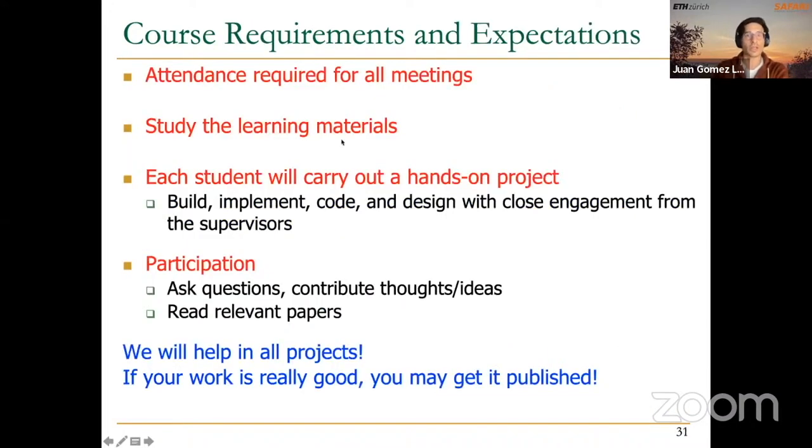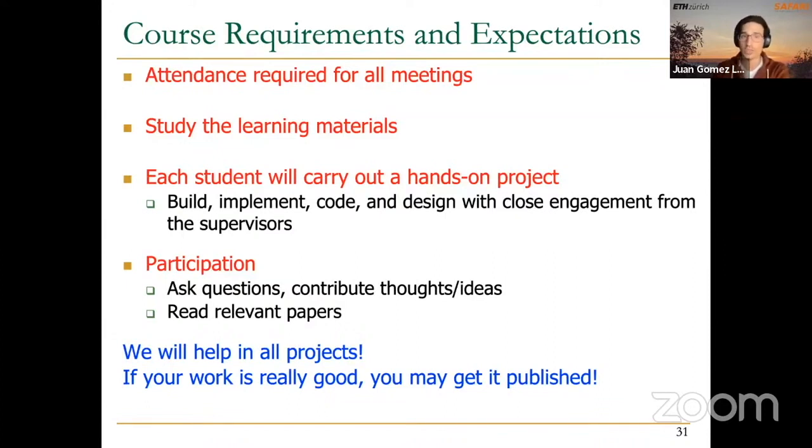Course requirements and expectations. Attendance is required at all meetings. Study the learning materials. Each student, as I said before, will have their own hands-on project that we will start discussing next Tuesday.